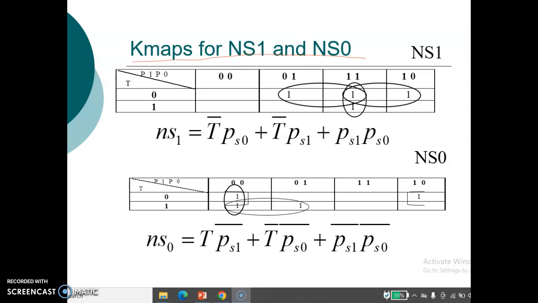Corner map for next state 1 and next state 0. This is P1 P0. This is now for NS1. Here 1 and here also.